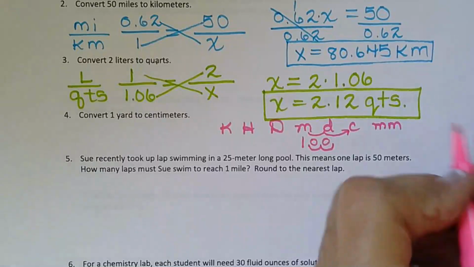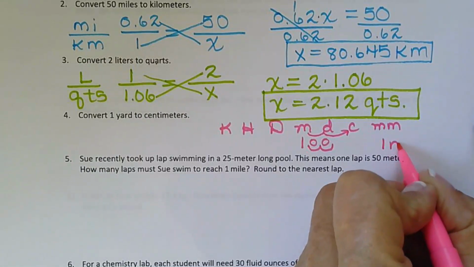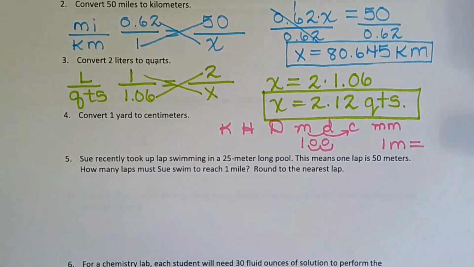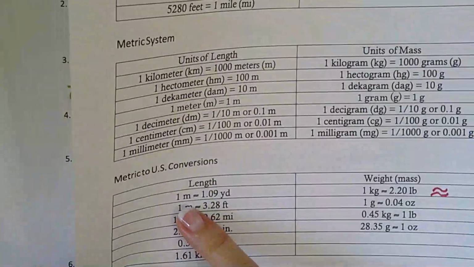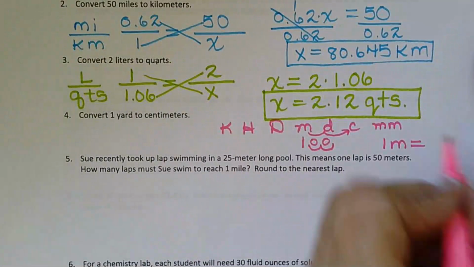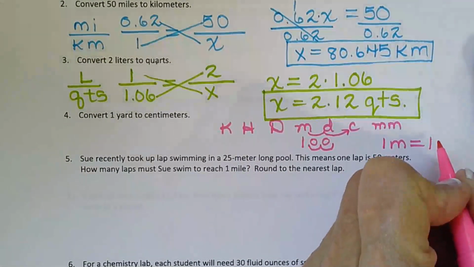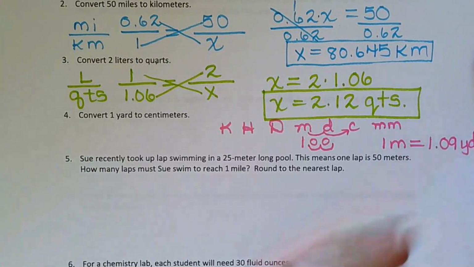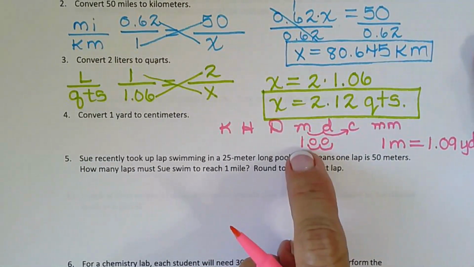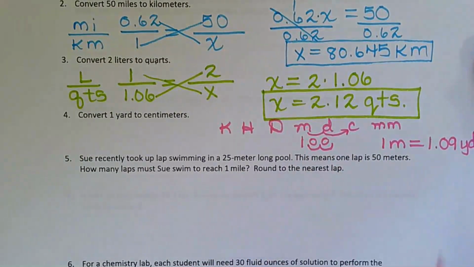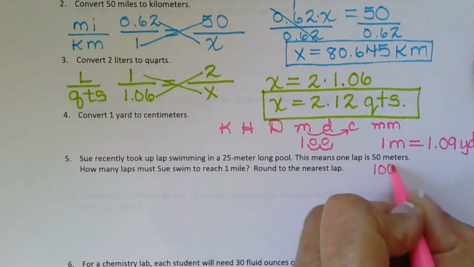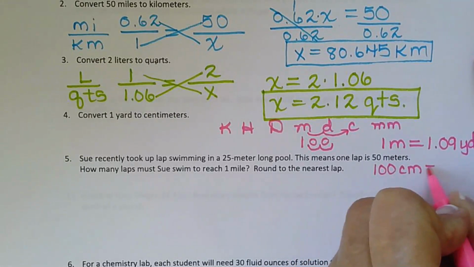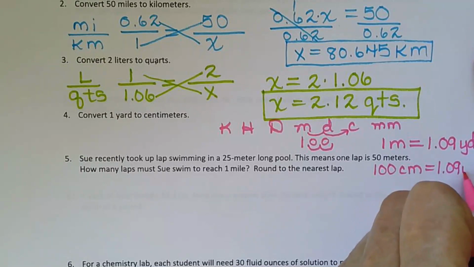So instead of 1 meter equals, and what did that formula sheet say again? 1 meter equals 1.09 yards. We know that 1 meter means 100 centimeters, so 100 centimeters equals 1.09 yards.